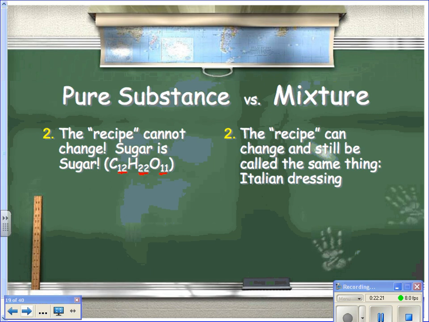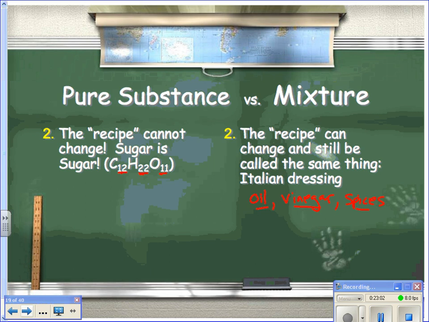But we know we call it an Italian dressing because it has the primary ingredients of oil, vinegar, and then spices. Those are the main ingredients of Italian dressing. Now this amount of oil, the type of vinegar, is it going to be red vinegar, cider vinegar, white vinegar? Is it going to be what kind of spices? Garlic and basil or something different. So the recipe can change, but we can still call it Italian dressing.